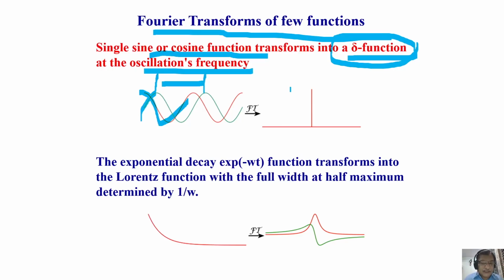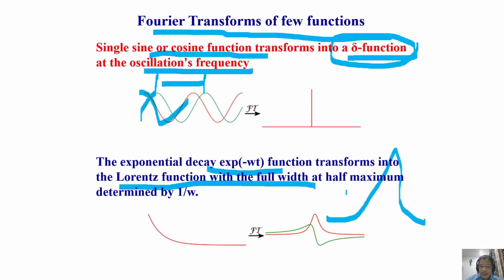After the Fourier transformation, on the other hand, let us say I take an exponential decay function. Like we saw in the previous slide, our signal is decaying exponentially. If you do the Fourier transformation, you must get the Lorentzian. This is the important thing. And this Lorentzian function is a spectrum like this.